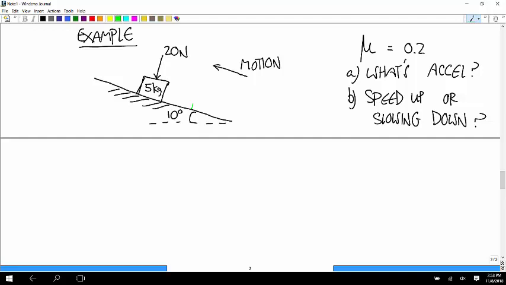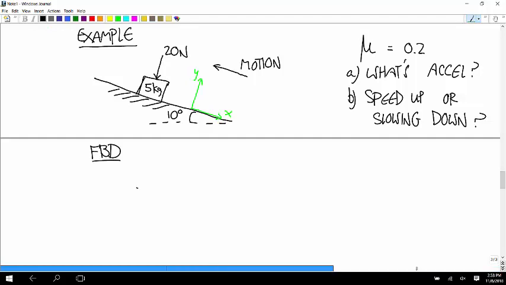Okay, so first, the coordinate system is going to be like this. The x-axis is down the incline. A free body diagram: there's a weight force, that's 5 times 9.81, so 49.05.